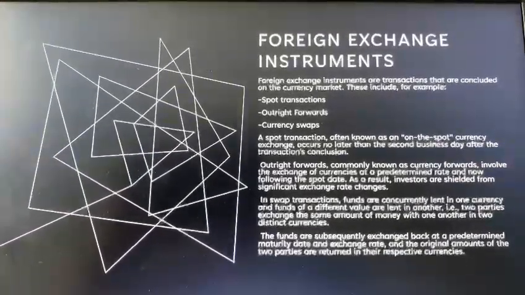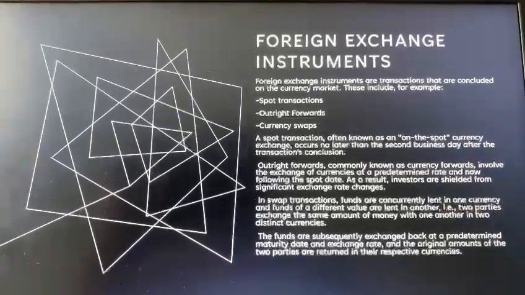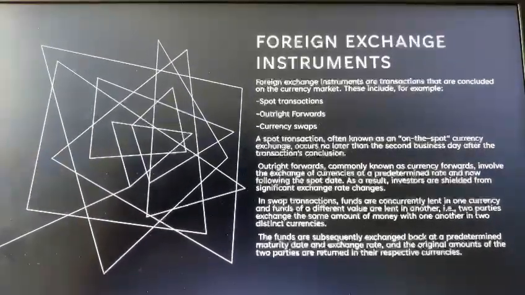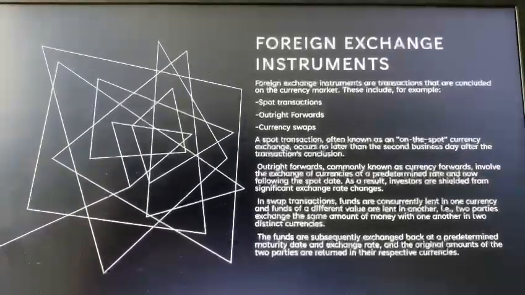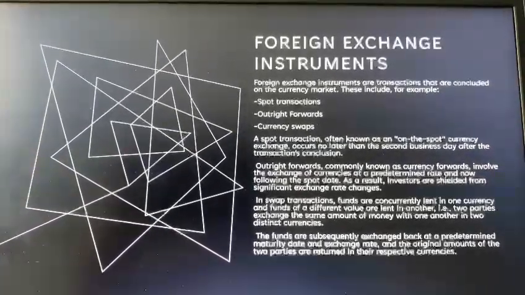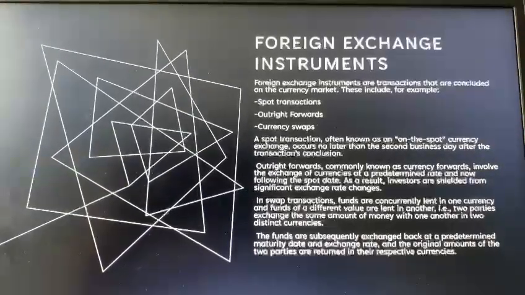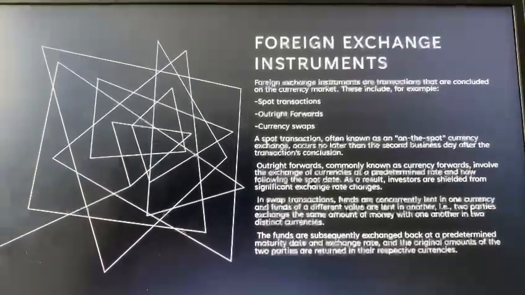Outright forwards, commonly known as currency forwards, involve the exchange of currency at a predetermined rate and not on the spot date. As a result, investors are shielded from significant exchange rate changes.